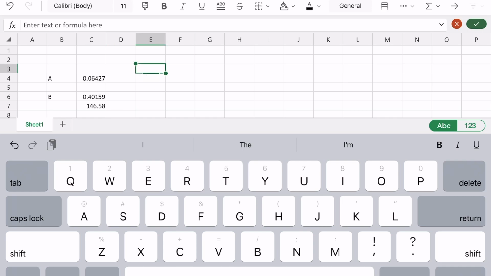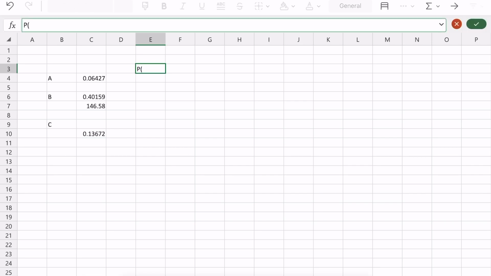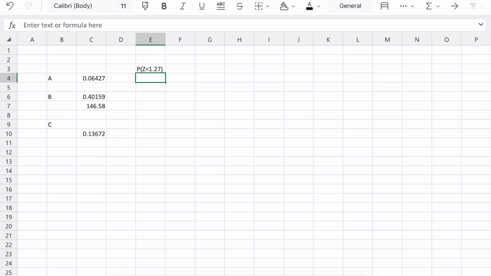Since it's Excel, I'm just going to guess at what formula I need. Now it's normal, so I'm just going to try that one. So what I want here is the probability that Z is less than 1.27.